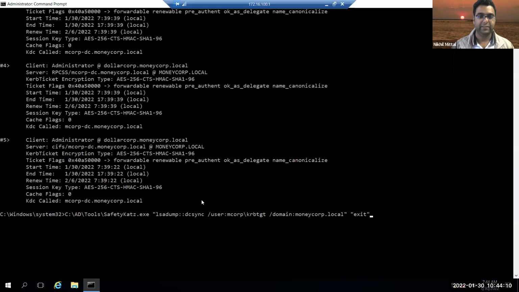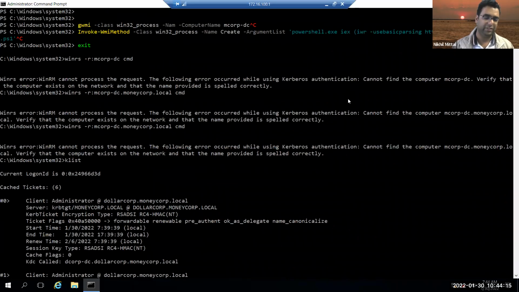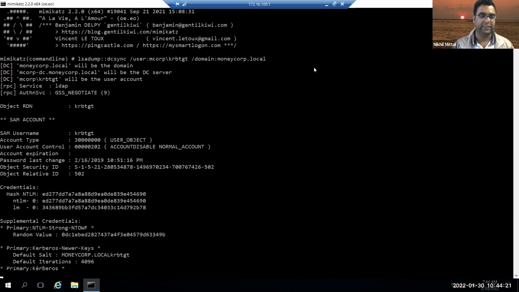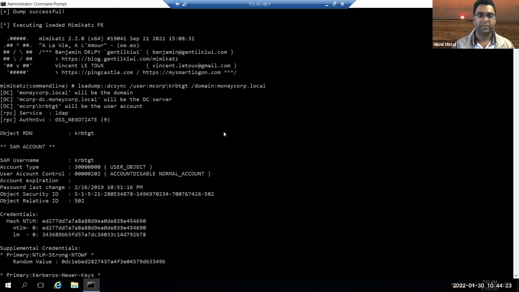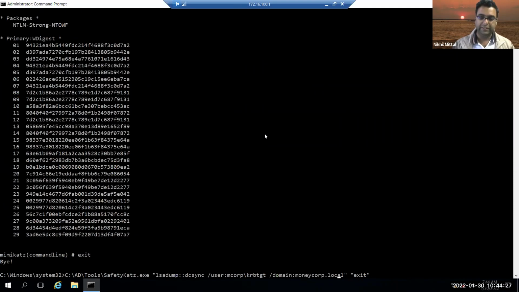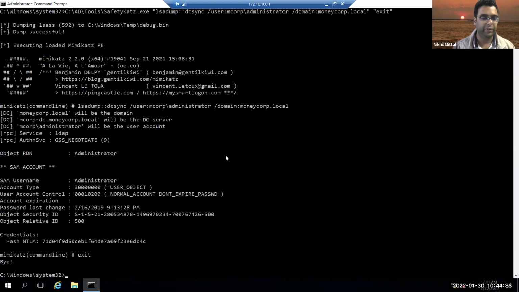Not very silent. I mean, I could always have shown you this one, but I don't want to set it up right away. So one thing that you can do is let's run a DCSync against the forest root. But because you insist on an interactive shell, let me do this. In place of the krbtgt, let me request the credentials of the domain administrator.